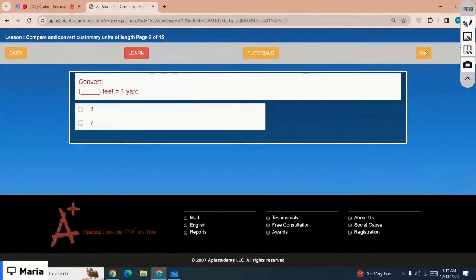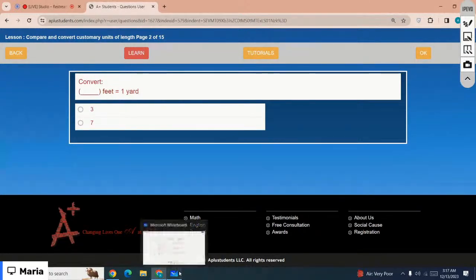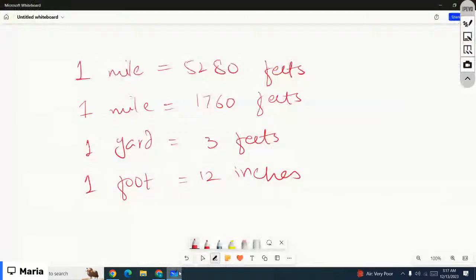1 yard equals how many feet? You can see from here, 1 yard equals 3 feet, right?